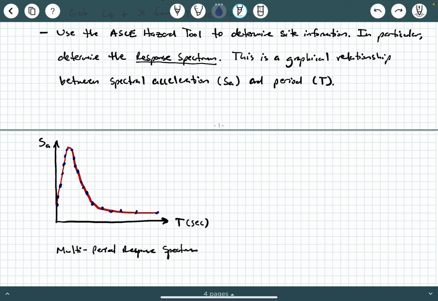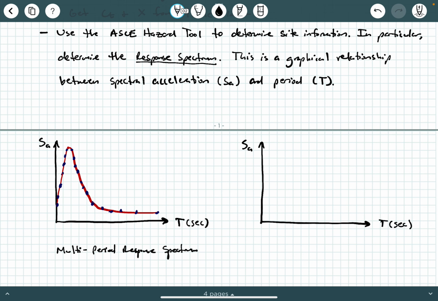You could have an older or more historical version of this, which we sometimes call the 2-period response spectrum, which has the same axis labels. This is SA. This is T in seconds.